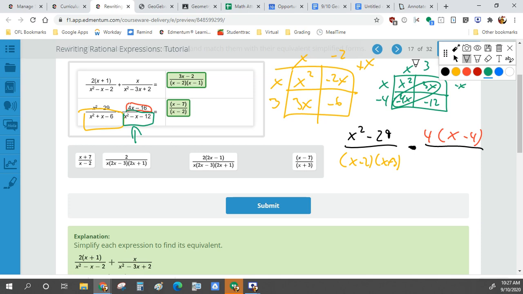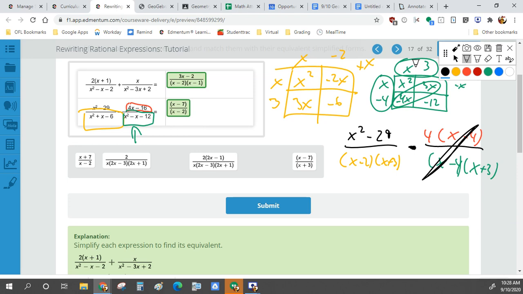So when I do this, this right here is going to be x minus 4 parentheses x plus 3. So that I'm getting from here and here. So now I notice, hey, look, I can cancel these two out. Can't really do anything here.